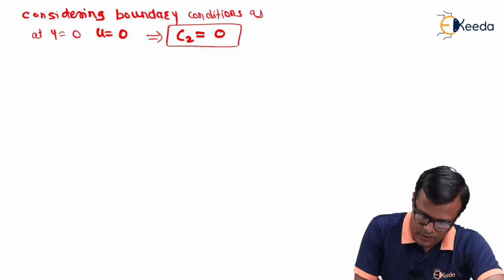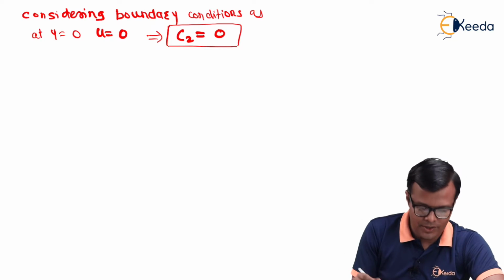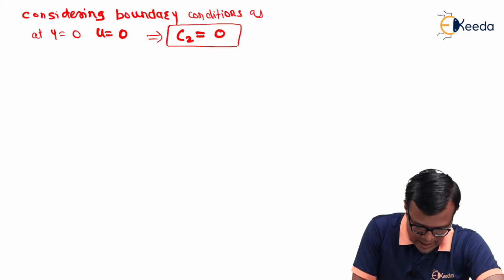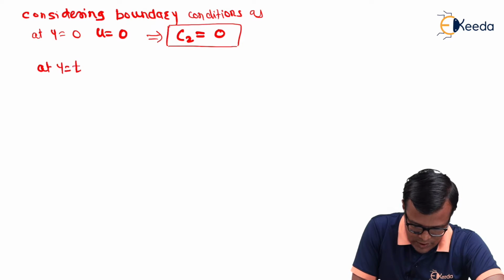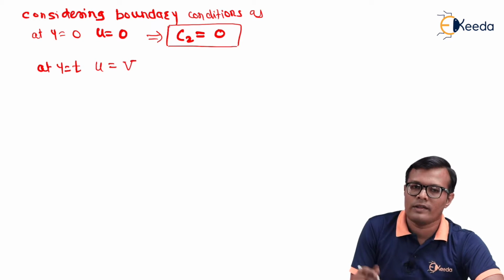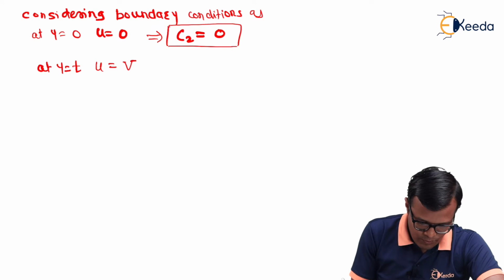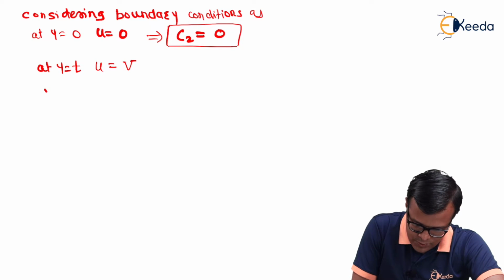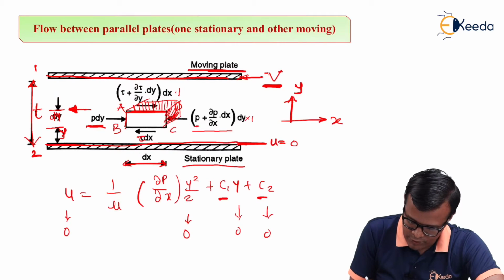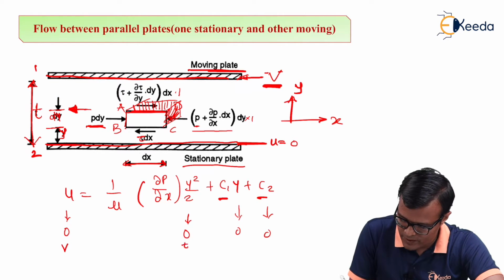Now the second boundary condition is that at y equal to t, u is nothing but the velocity of the plate, that is V. So putting this, u becomes V and y becomes t.